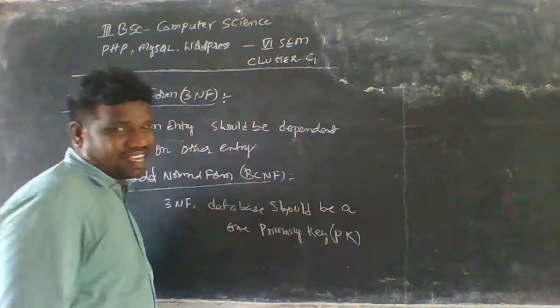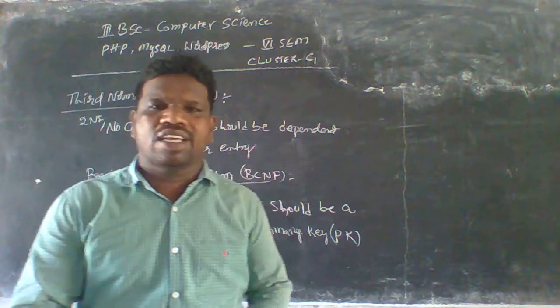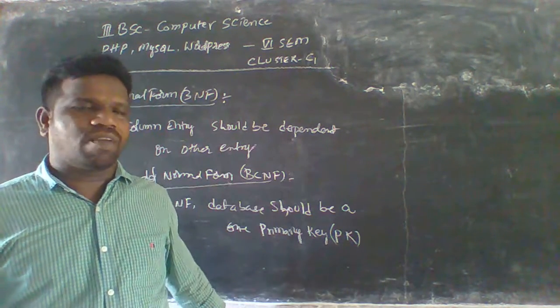PK is the primary key here, and having only one primary key is called the Boyce Codd normal form.